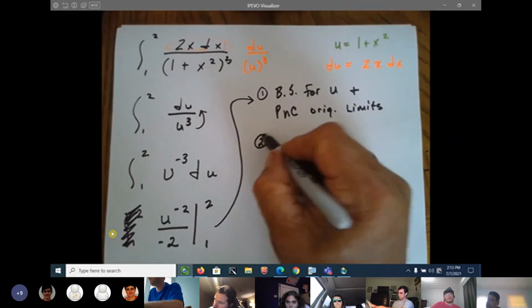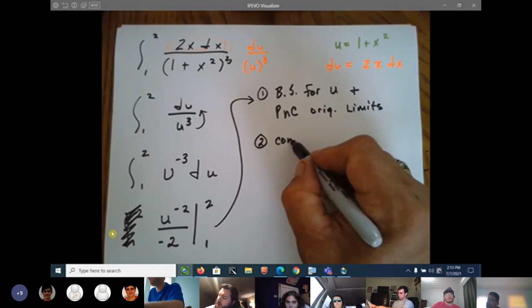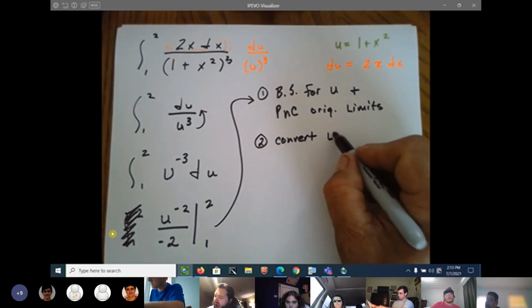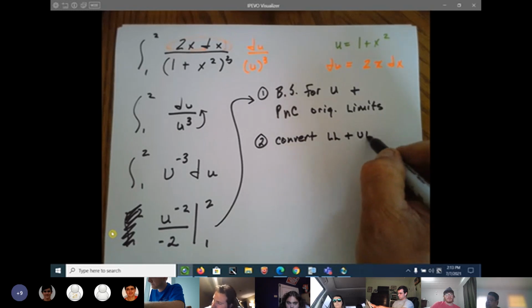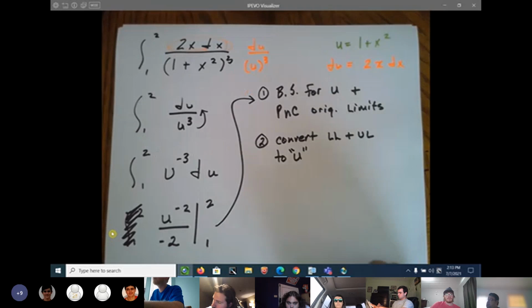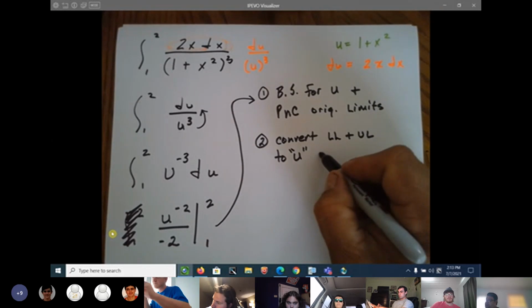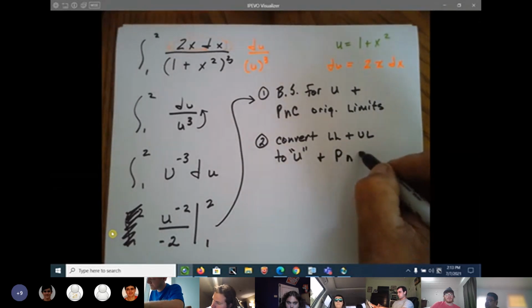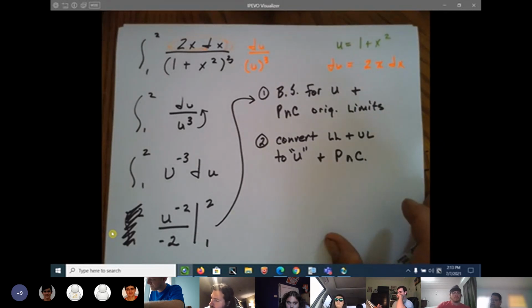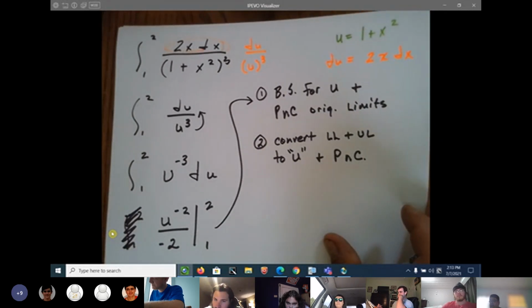Option 2 is to convert lower limit and upper limit to u and plug and chug. I don't really care which one you pick, but I want you to be aware of both of them. Okay, so I'm going to go over to the next page, and I'm going to do both of them.